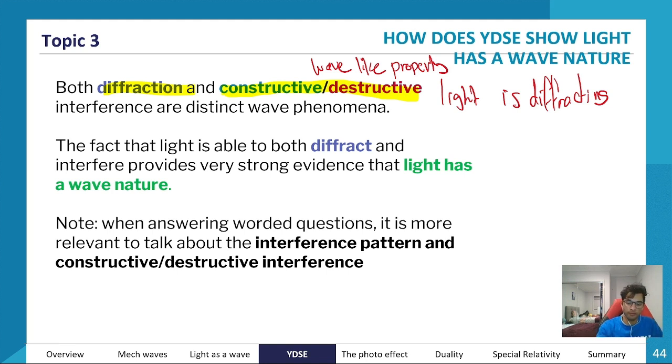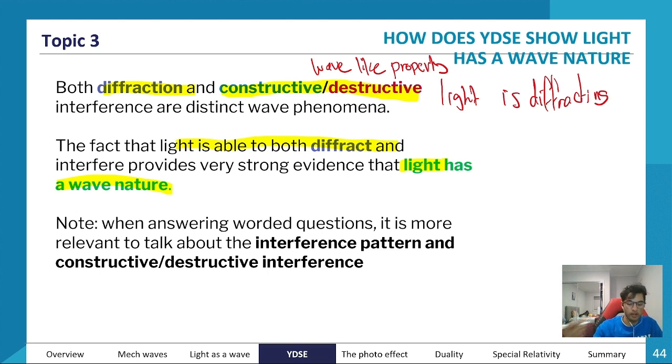Since he showed that light is able to diffract, that pretty much proves wholeheartedly that light is actually a wave. And with that, that was pretty much conclusive evidence that light is a wave.